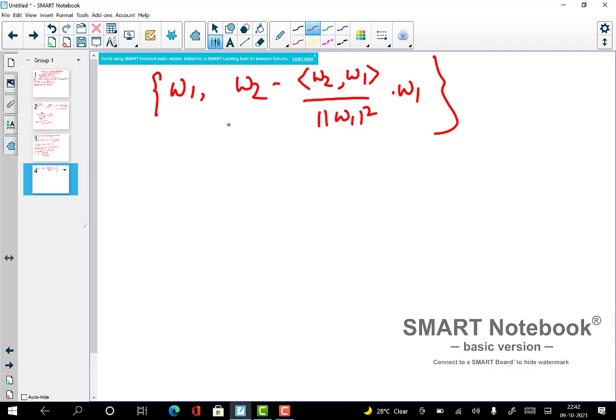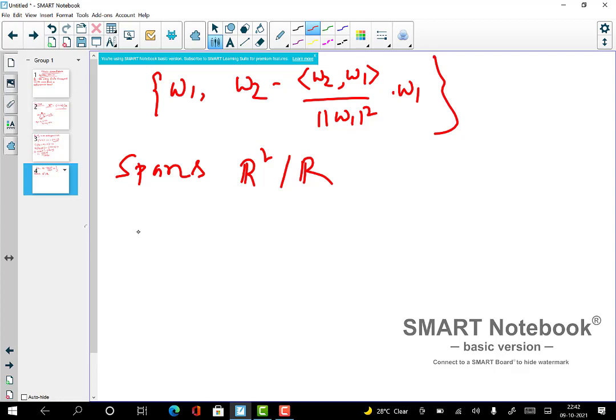Okay, and they are not only orthogonal. Once they are orthogonal, they are also linearly independent. Hence, this set spans R2 over R, right? And then once you have this orthogonal set, you can talk about orthonormal things.